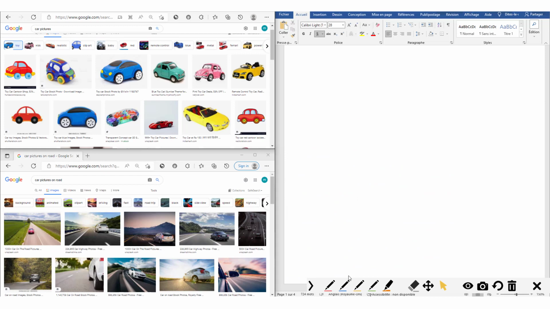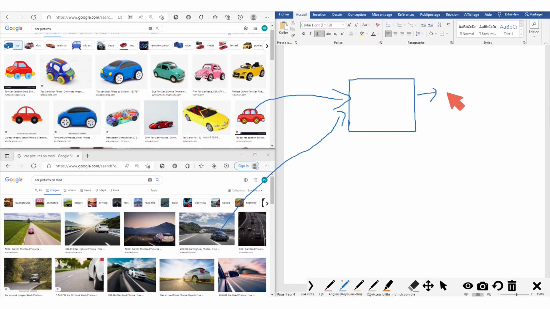To better understand the notion of covariate shift, let's suppose that we're trying to build a model which says whether an input image like this one, or say this one, is that of a car. So it's either a car or it is not a car.